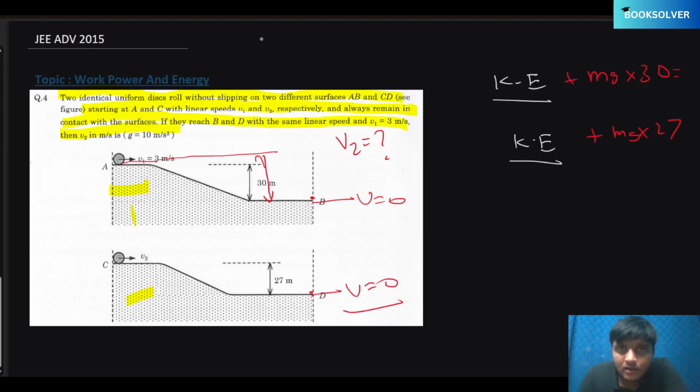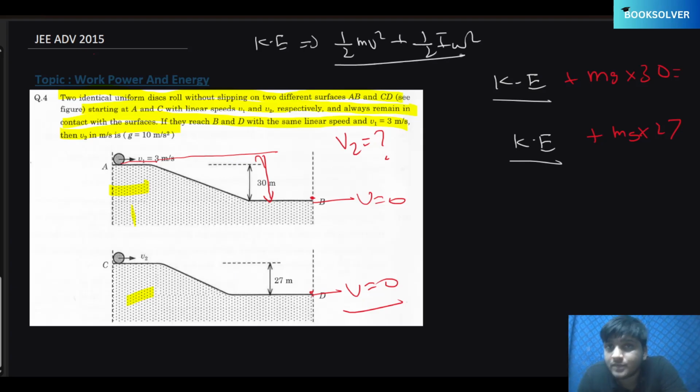So the kinetic energy of a rotating body is half m v square plus half I omega square. Keep this in mind, as it is not just simply sliding down due to gravity.